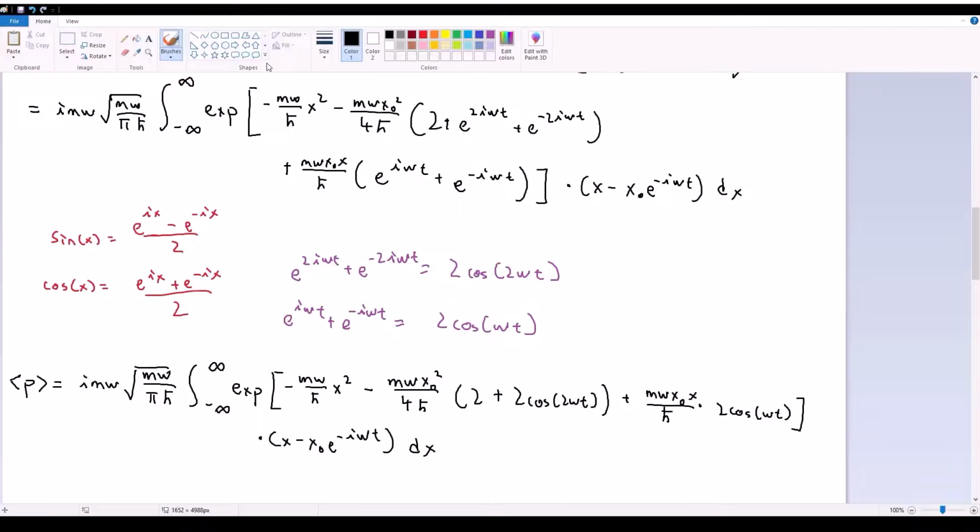I can distribute out some stuff, turn these 2's into 1's, get a 2 out at the front, which cancels with the 4 at the bottom, making a 2 at the bottom.